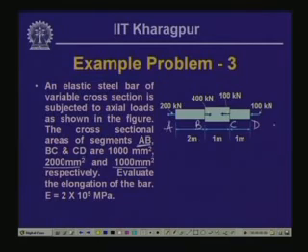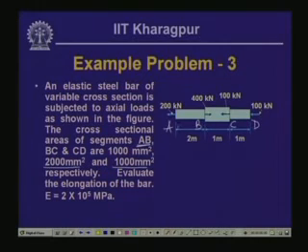The bar is subjected to an axial force of 400 kilonewton in the positive x direction, and in the negative x direction we have 100 plus 100 plus 200, so 400. So, this is in equilibrium.